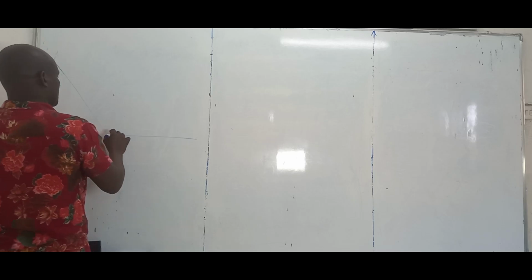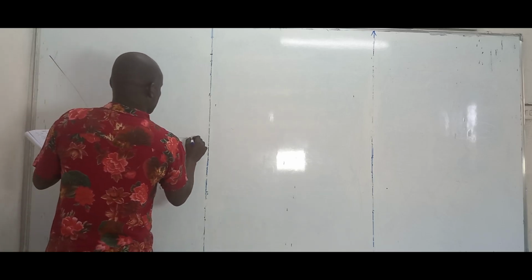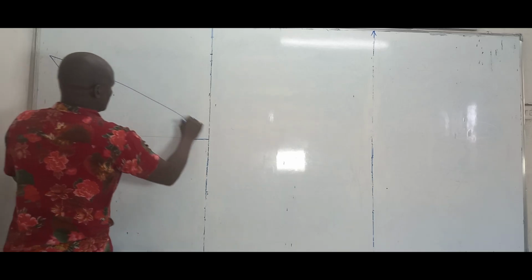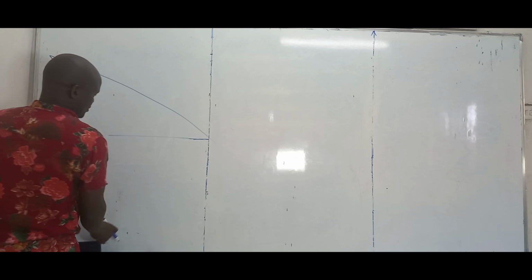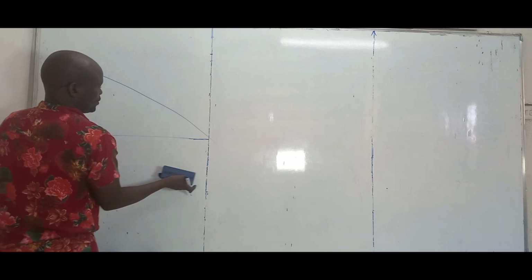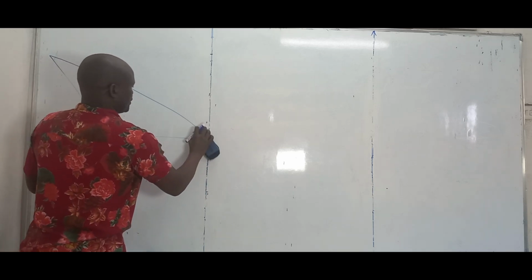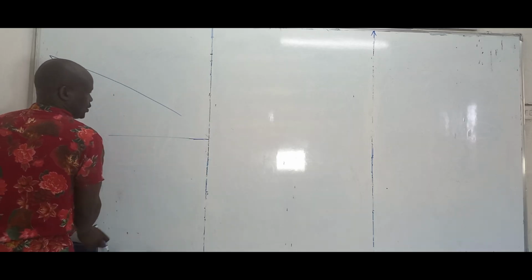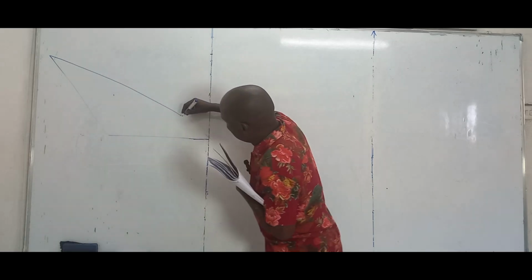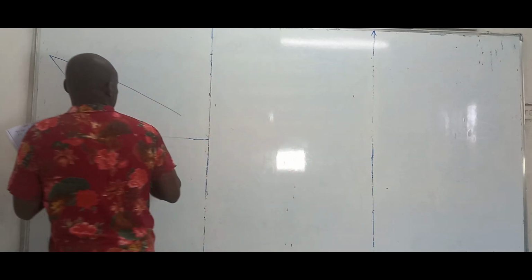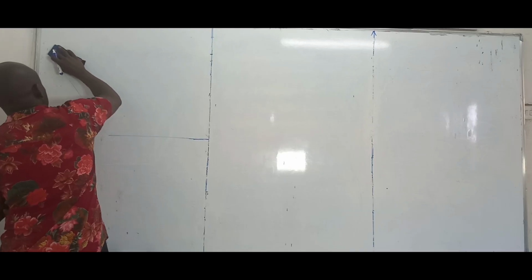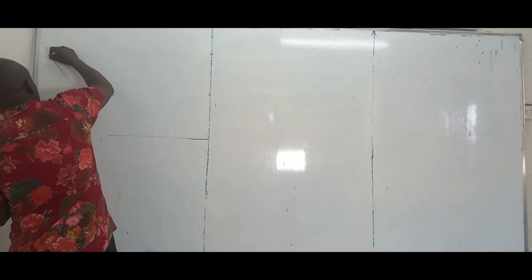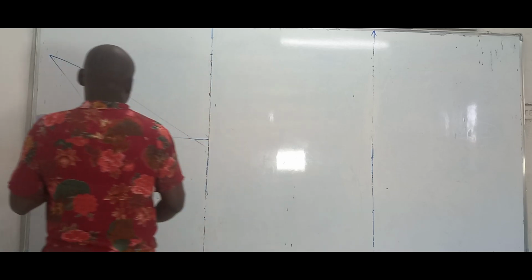My diagram is not so good looking, but it's a sketch anyway. If this is bulging, it should not bulge. It should just be a straight line.